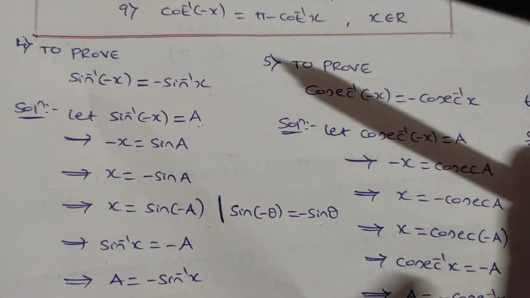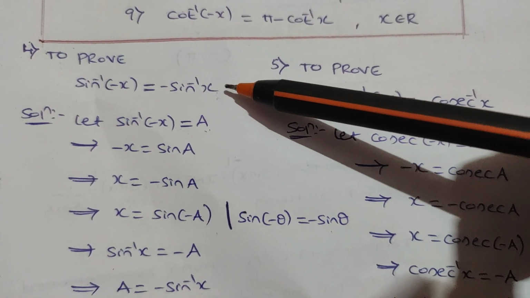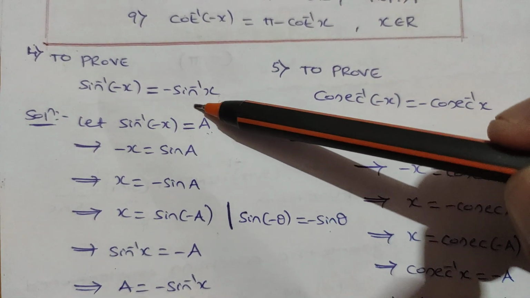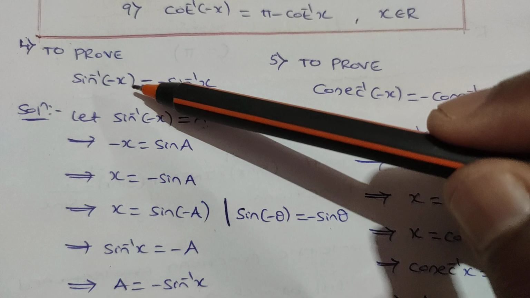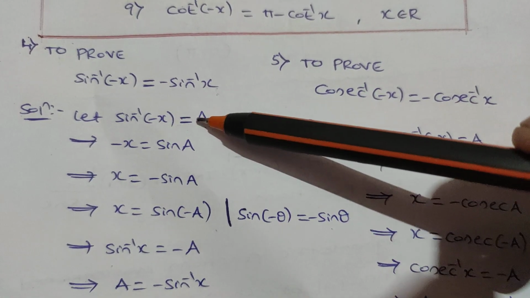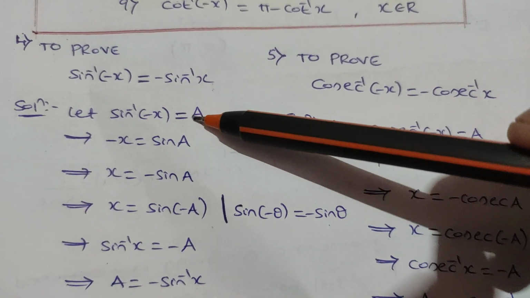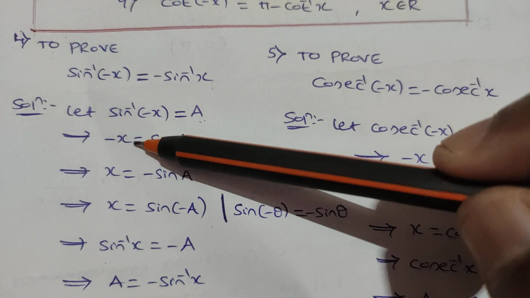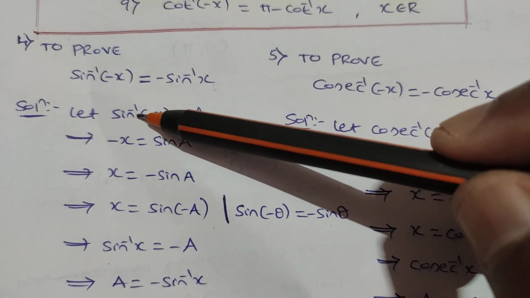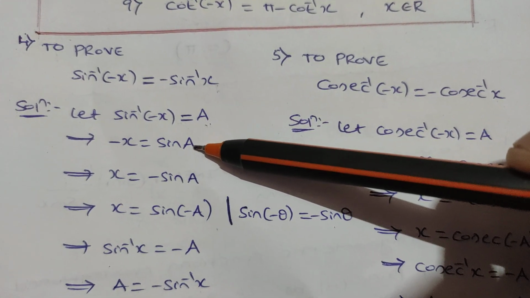To prove sin inverse of minus x is equal to minus sin inverse of x, we have an LHS part and an RHS part. Consider the left hand side part as A. That is, sin inverse of minus x is equal to A. Minus x will be sin of A. When we take the inverse term to the right side, it becomes a trigonometric function.